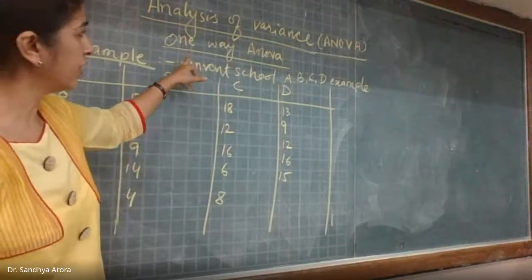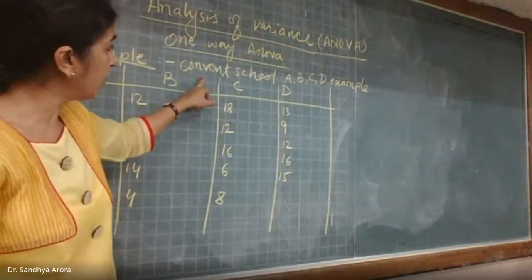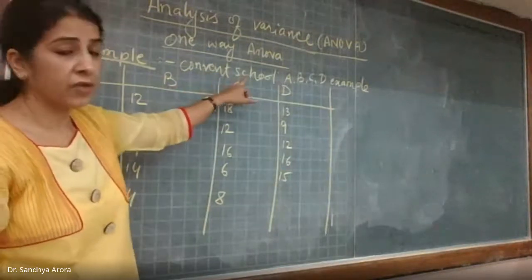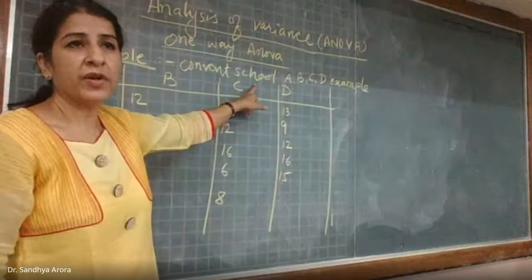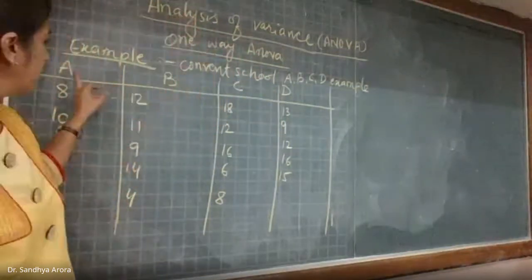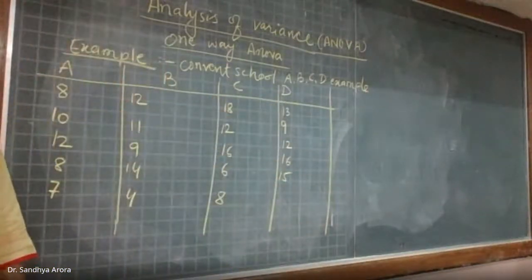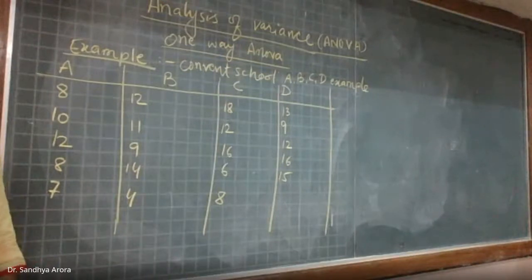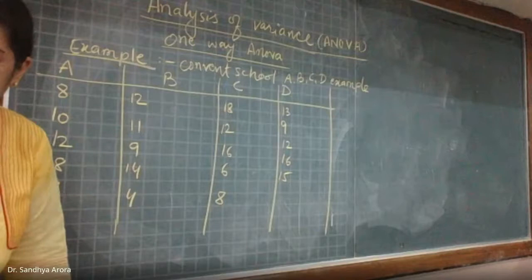The example we discussed was of convent schools. The same test was given to class 5 students, 5 random samples from 4 different schools, and we were about to check the performance of these 4 convent schools based on the given data. Are you with me, girls?